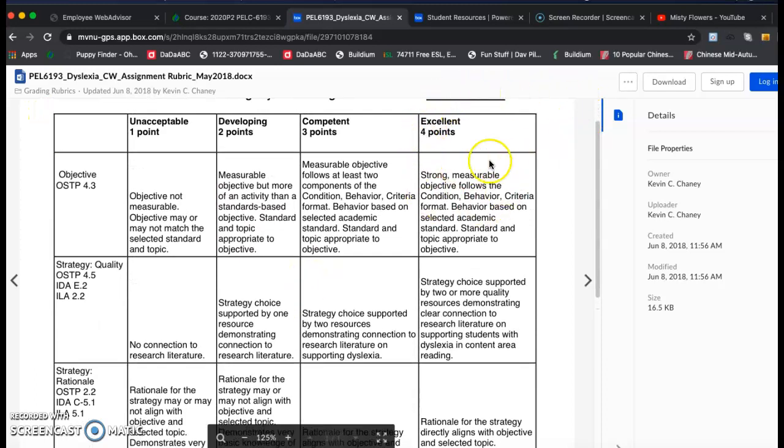To earn the most points, your objectives on your lesson plan need to be strong, measurable objectives that follow the condition behavior criteria format. Behavior based on selected academic standard. Standard and topic are appropriate to your objective.